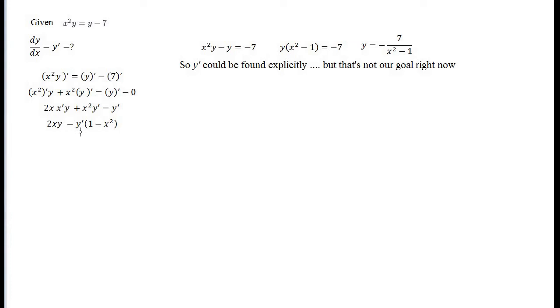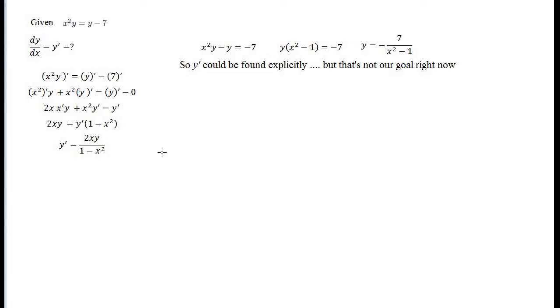I combined like terms and factored out y prime, and now we are again an arm's length away from our answer. Our goal is to find y prime. Well, we can easily accomplish that by dividing left and right here by 1 minus x squared. And I think this is going to be a good enough final answer. Okay, guys?